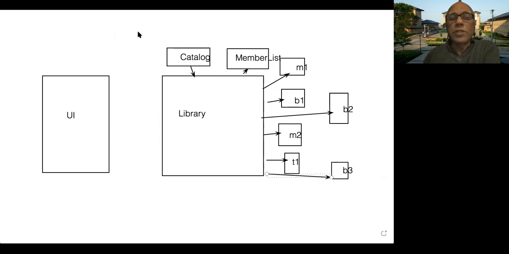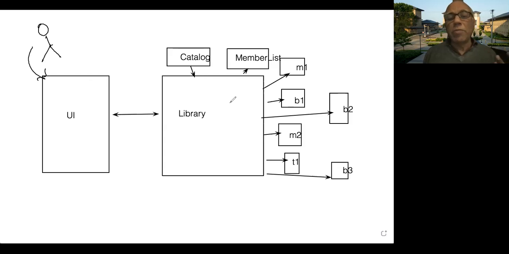And we also know that the library is talking to the UI. So obviously the actor is sitting here and interacting with the library, with the UI. The actor issues some commands, and those commands are taken by the UI, shipped to the library, and the library returns a result for the operation.